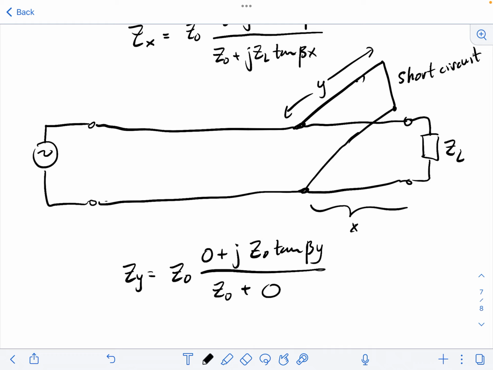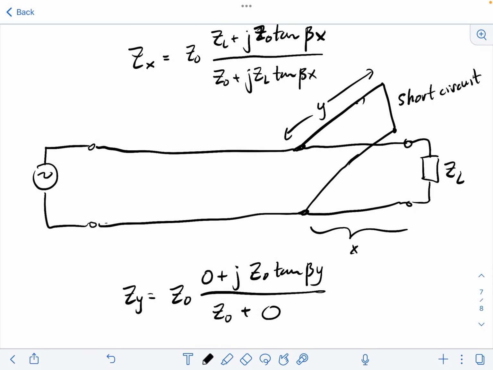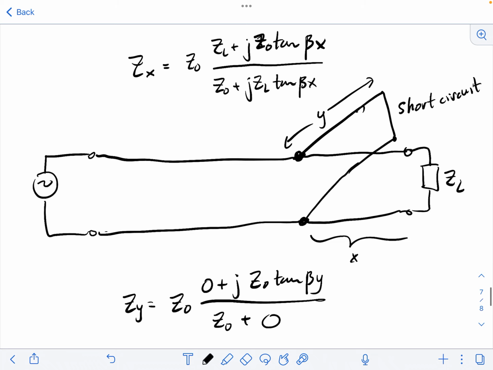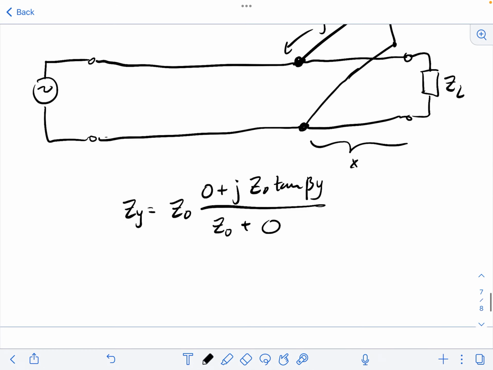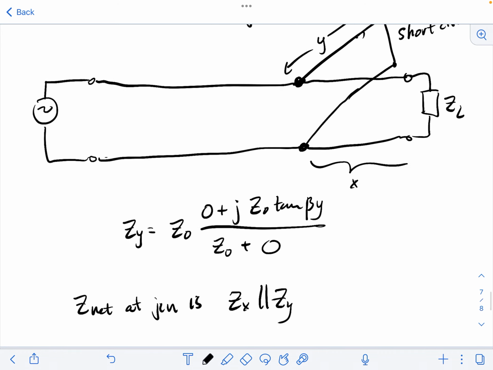And then what we can do is we can say, well, the net impedance at this junction is the parallel combination of these two. It's the parallel combination of ZX and ZY. So Z net at the junction is the parallel impedance of ZX and ZY. And that's going to be a complex number. It's going to have real and imaginary parts. But what we have are two parameters to tune.